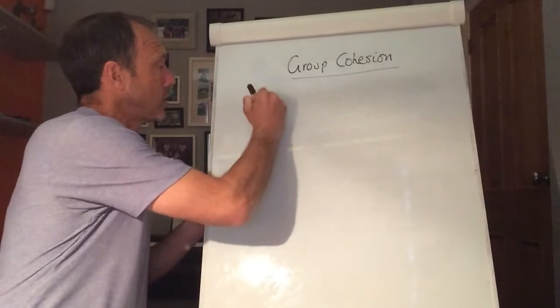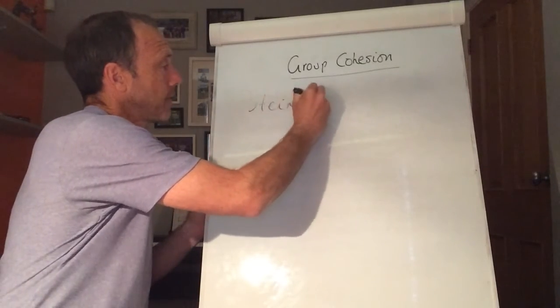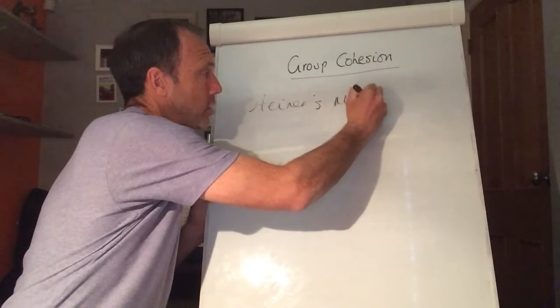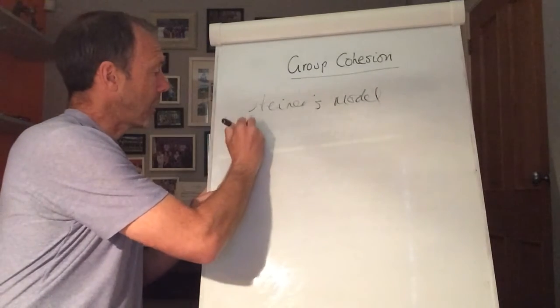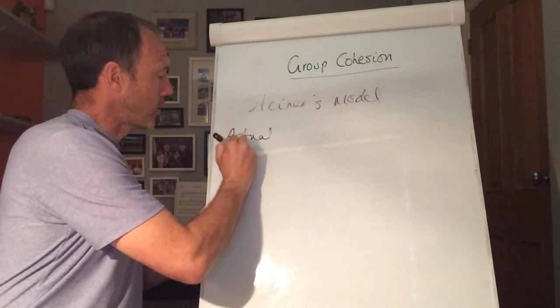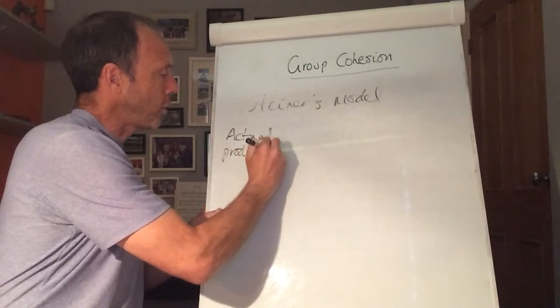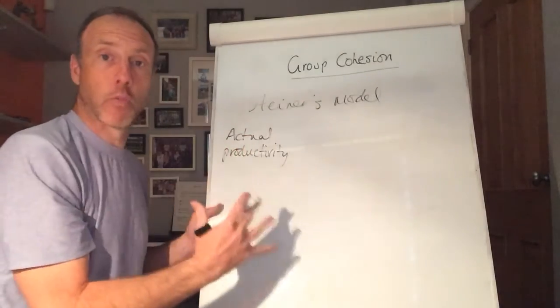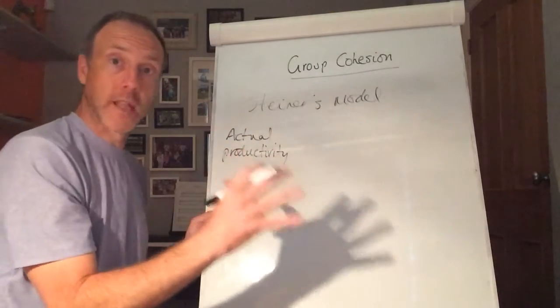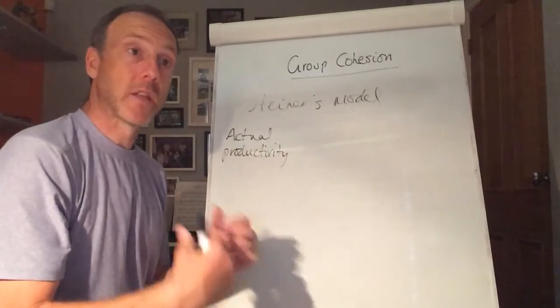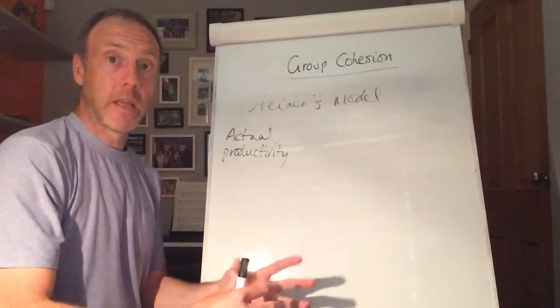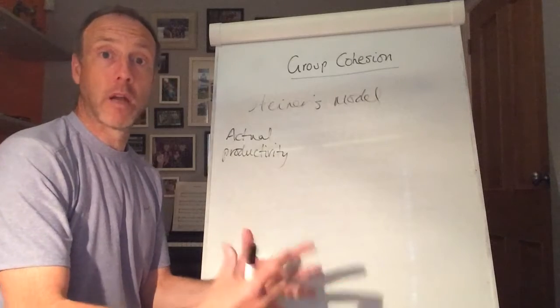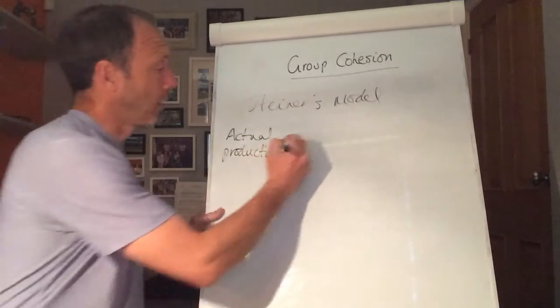So it fits into Steiner's model. Now, Steiner's model said that actual productivity is what you see a team produce. On game day, what do they produce? The quality with which they enact and perform the instructions they've been given and the tactics that they have been asked to produce.